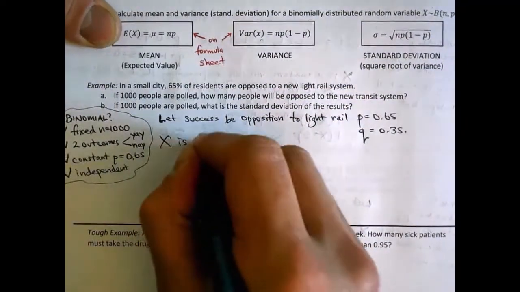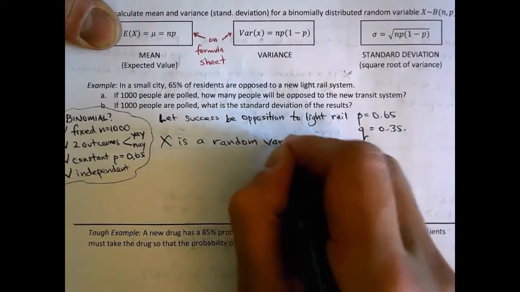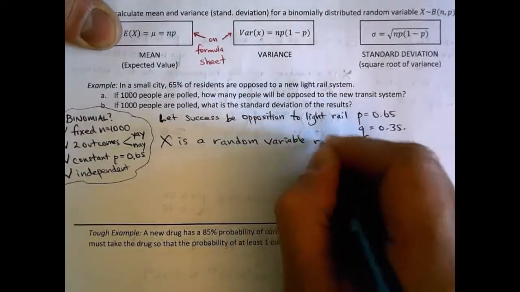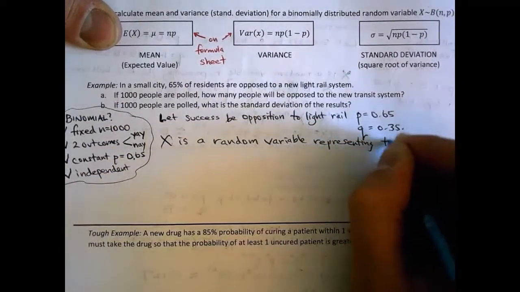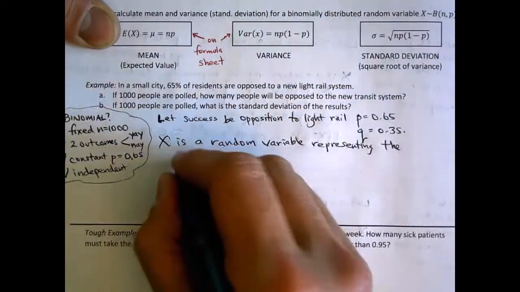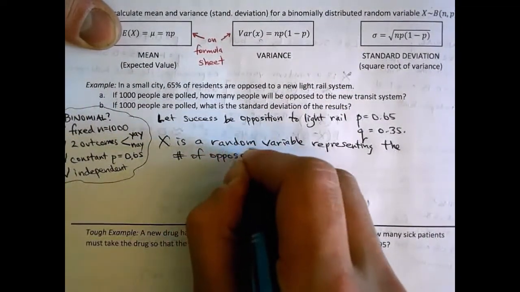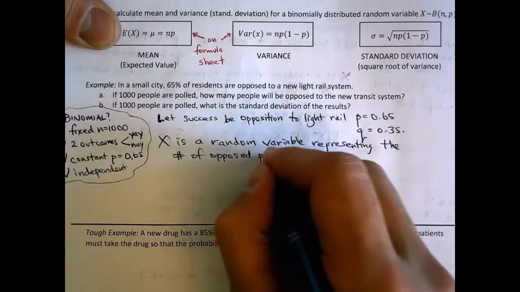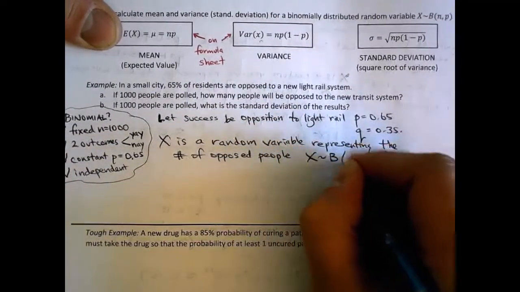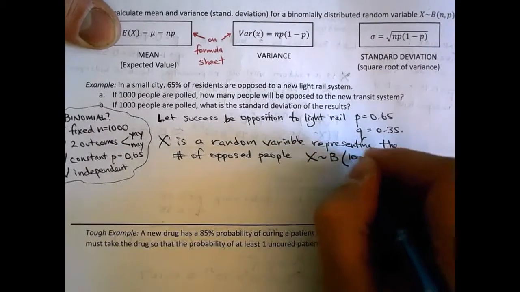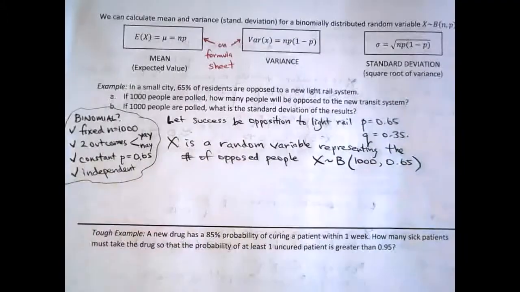X is a random variable representing the number of opposed people. In other words, X follows the binomial distribution of 1,000 and the other parameter, probability of success, 65%.